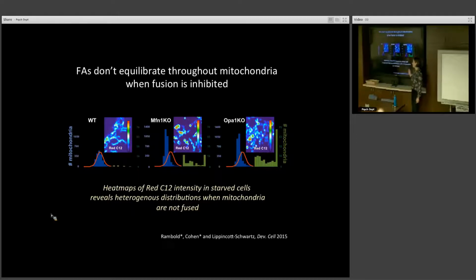Here's the same fatty acid trafficking assay that I've been showing, but the scale here is a heat map showing the concentration of the fluorescent fatty acid. In wild-type cells, the mitochondria are fused in response to starvation, and the fatty acid is evenly distributed throughout the mitochondrial network. But if mitochondrial fusion is impaired, then some of the mitochondria get a really high concentration of the fatty acid, and some get very little.